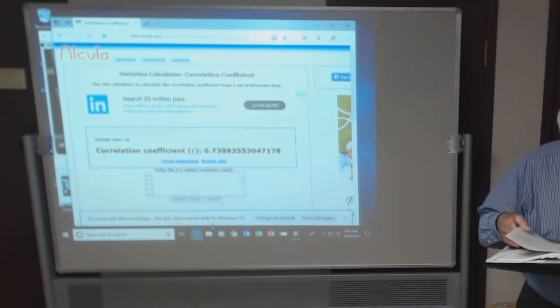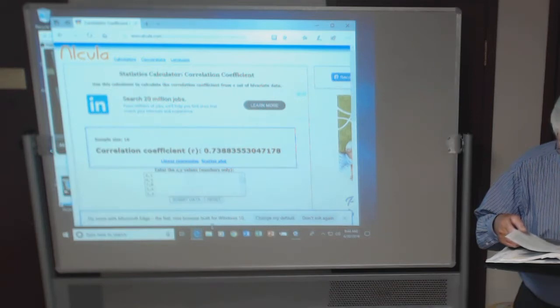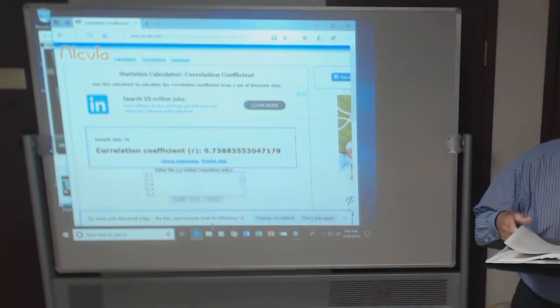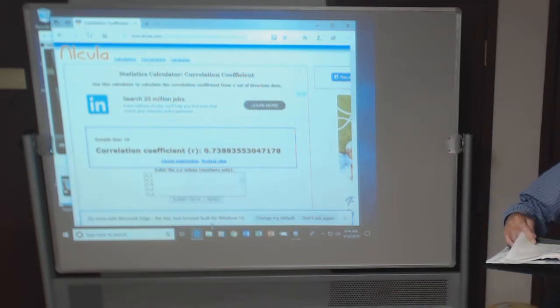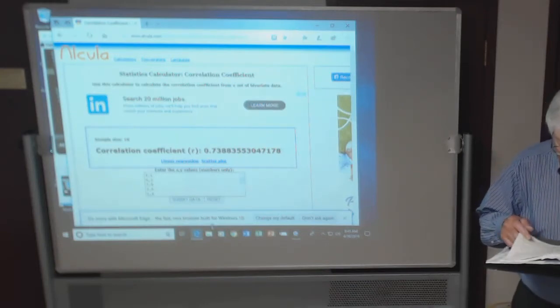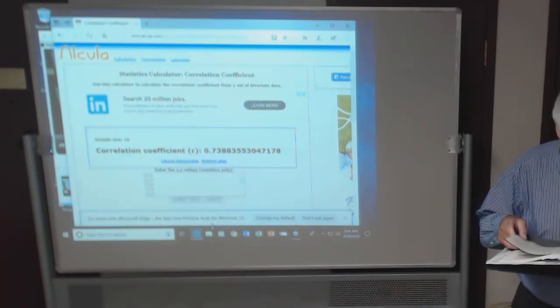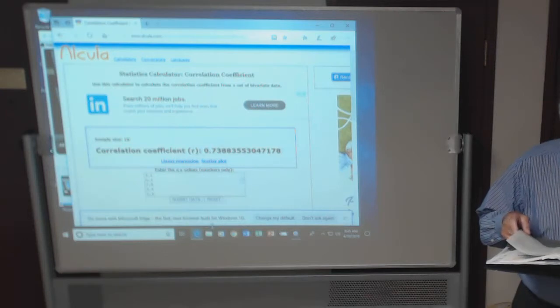So see the number under 95%, 0.632. See the number under 99%, 0.765. Everybody see what I'm talking about? Yeah. So, where's 0.74? It's less than 0.765, so I can't be 99% confident, but I can be 95% confident that there's a correlation between those two.